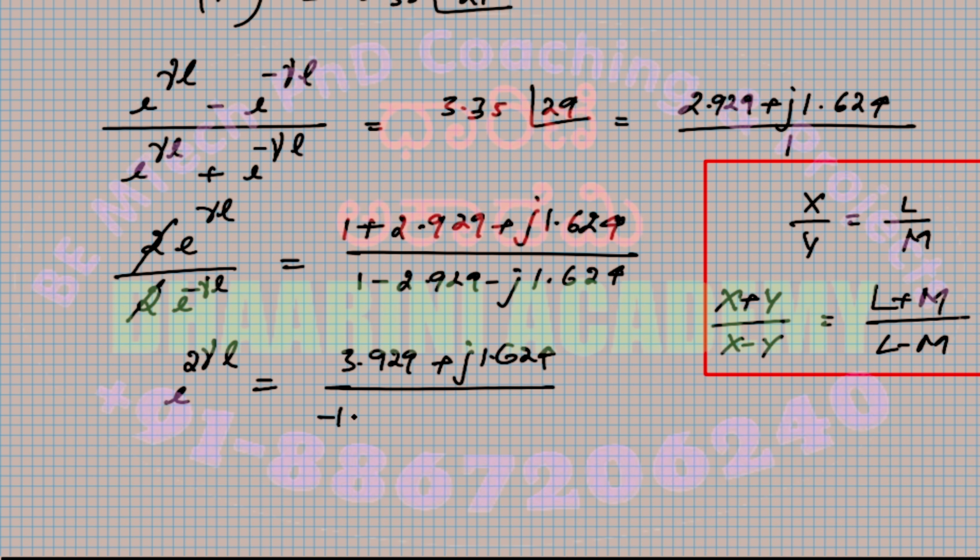Should be minus 1 point. Okay, the final answer. Okay, fine. I'm writing this. 1.624. So tell me, what's that?